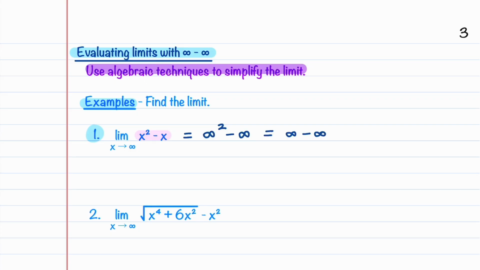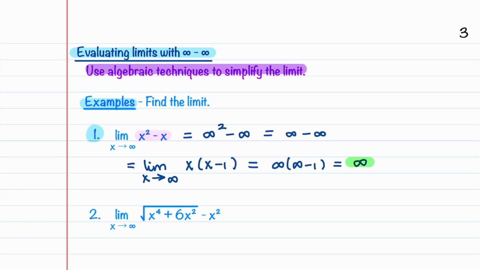So let's start by factoring out an x. This becomes the limit as x goes to infinity, x times x minus 1. Now let's plug in that x is going to infinity, and we have infinity times infinity minus 1. So that's just equal to infinity. And that's actually what our limit is equal to.